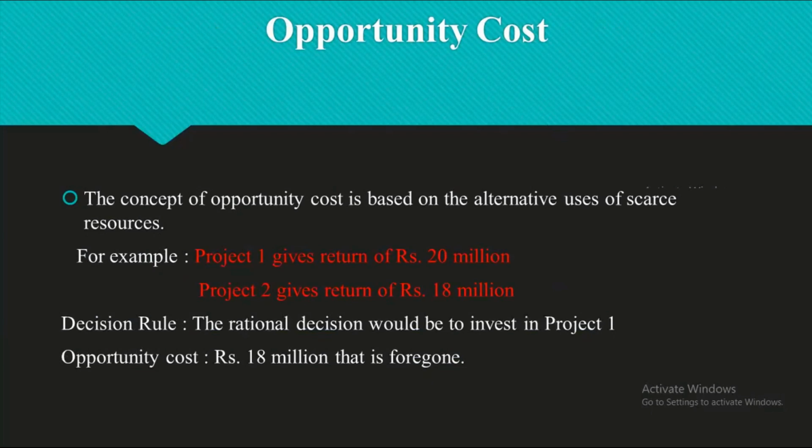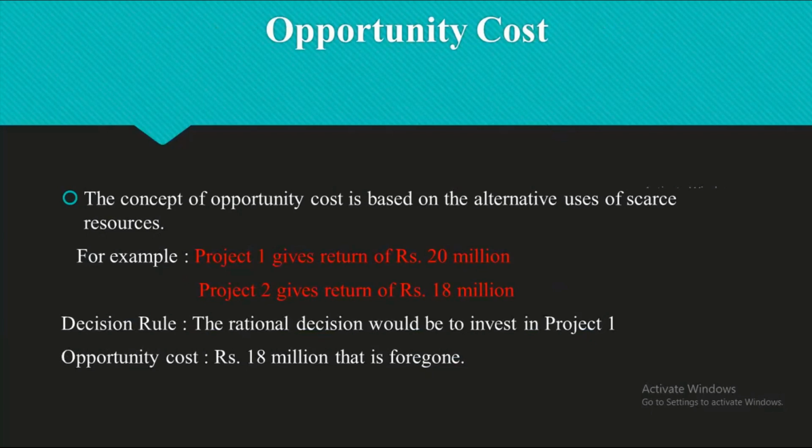So let me explain it with the help of an example. Suppose there are two projects, project 1 and project 2. If you invest your money in project 1, you will get the return of 20 million rupees. But if you invest in project 2, it gives you return of 18 million rupees. So a rational decision maker would definitely invest his money in project number 1, that is going to give more returns.